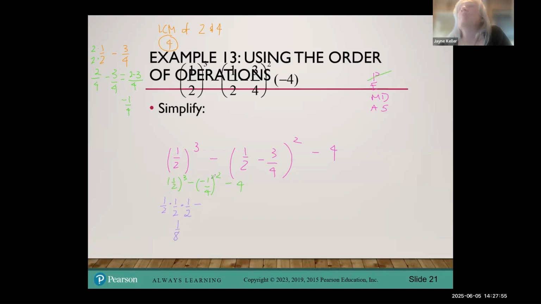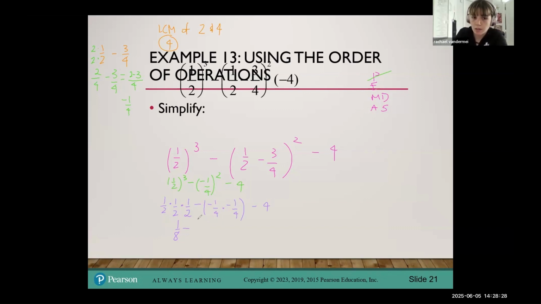Yeah, that's right. And then this one, I'm subtracting -1/4 squared. So that's going to be -1/4 times -1/4. It's just squared, not cubed. I'm squaring -1/4 because of these parentheses. So what I'm subtracting is -1/4 times -1/4, and a negative times a negative is a positive.